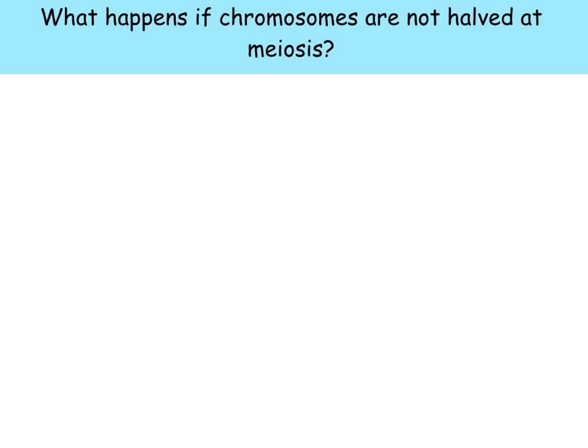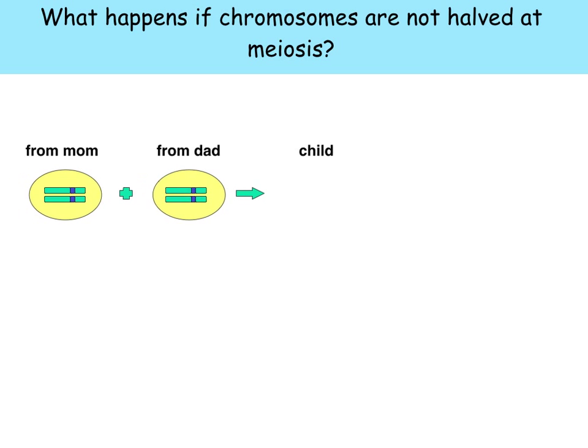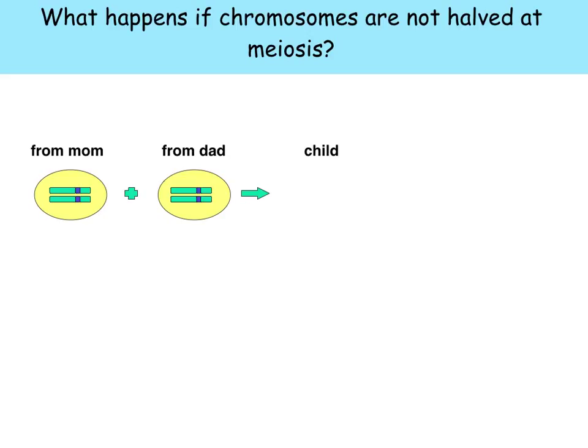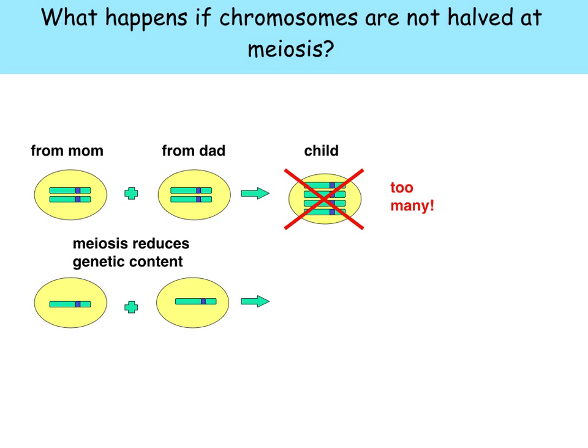What happens if we don't get haploid cells? Well, you get all the genetic information coming from mum and all the genetic information coming from dad. This would result in a child with too many chromosomes. So you need meiosis. Meiosis results in haploid cells coming together so that eventually you get the correct number of chromosomes in the zygote or the baby.